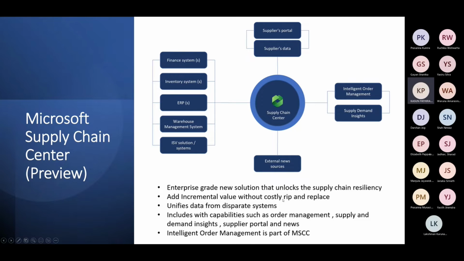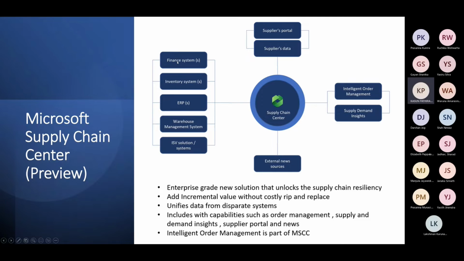That's what Microsoft is mentioning: you are adding incremental value without costly rip and replace. You don't intend to rip and replace it. Basically, you're trying to use the existing one for the moment, because you need to act quickly, right? You don't have much time, because you need to be resilient and agile in your supply chain.